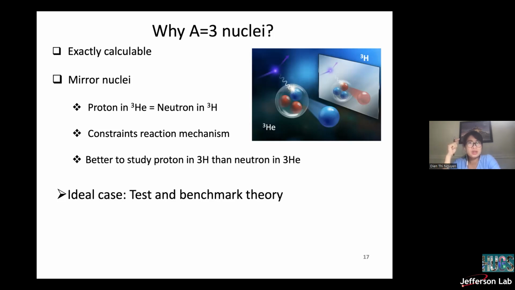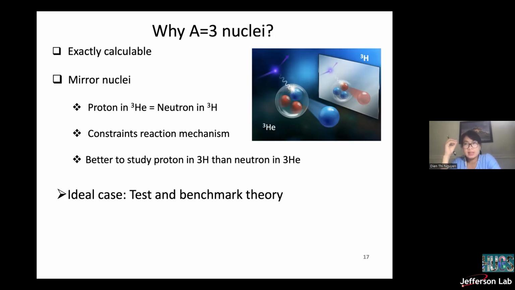Another reason is that measuring the proton experimentally is way easier compared to measuring the neutron. So we can measure the proton inside tritium, and it should give us similar information to the neutron inside helium-3.